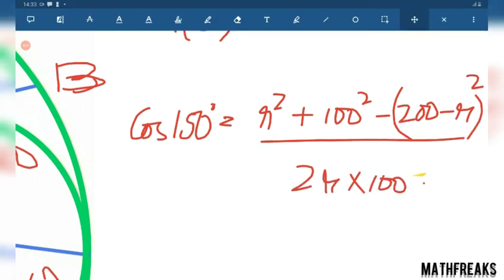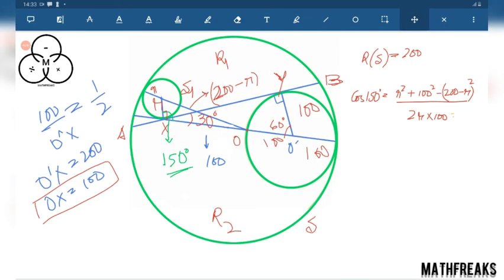Solving this equation, we will get out the value of r.